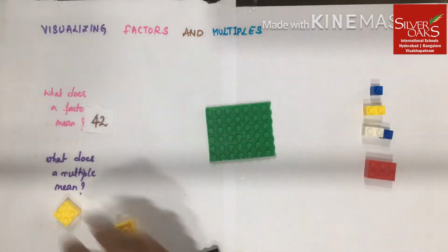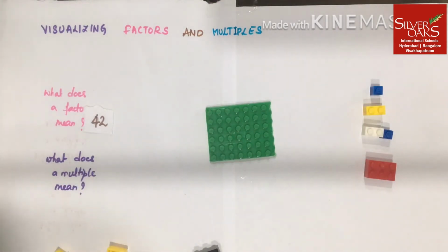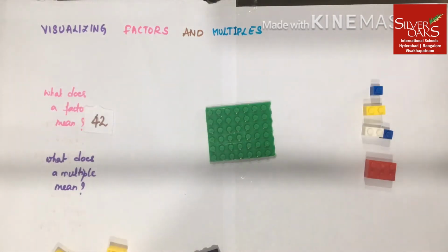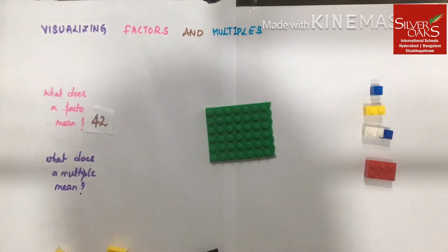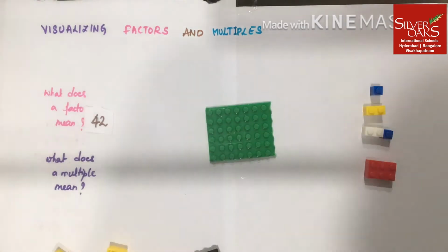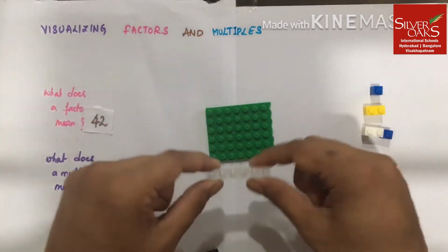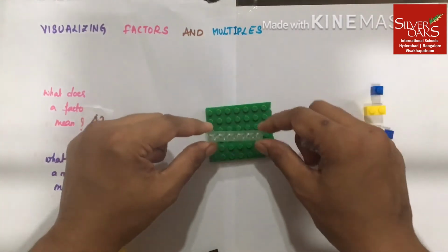So now it is time for me to try with the 7. So what I will do now is to take 7's, isn't it? So yeah, I have got Legos. This is a Lego of size 6.